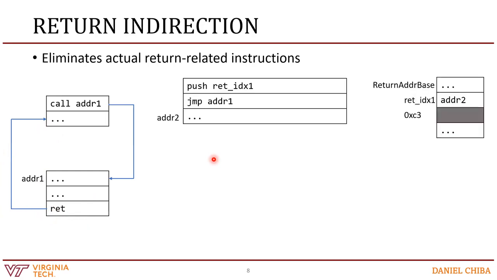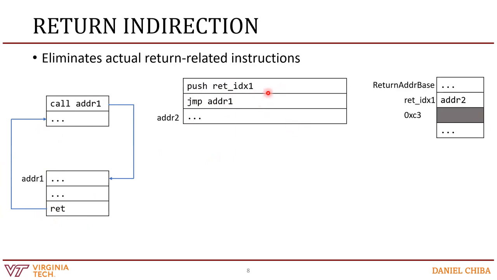So what the compiler in this case would do instead is replace this call instruction with a push instruction that, instead of pushing the return address, would push a return index and then jump to the destination address.